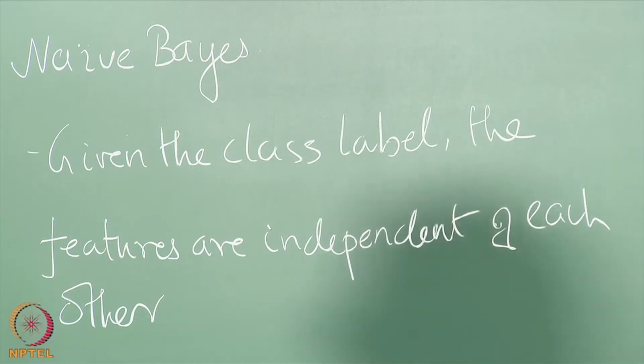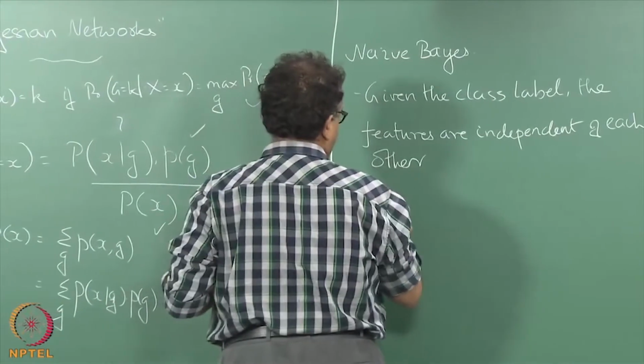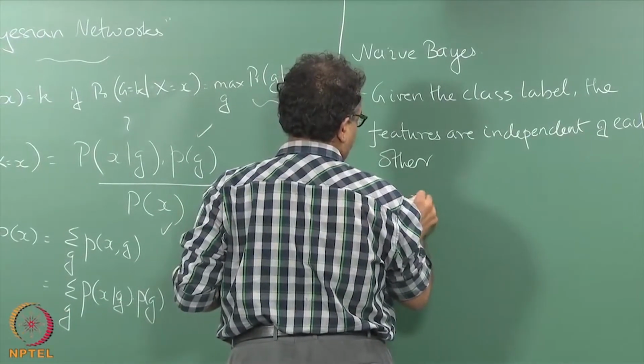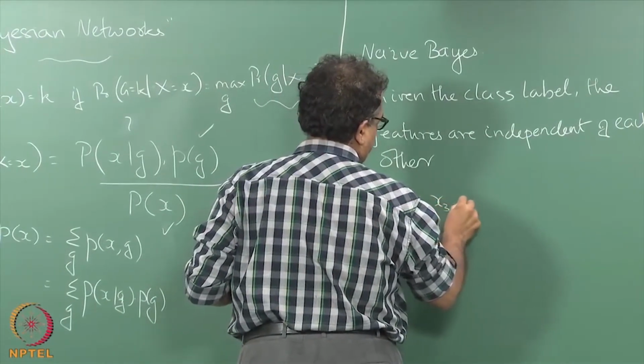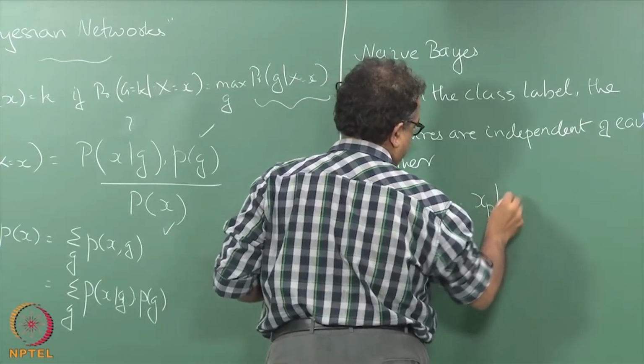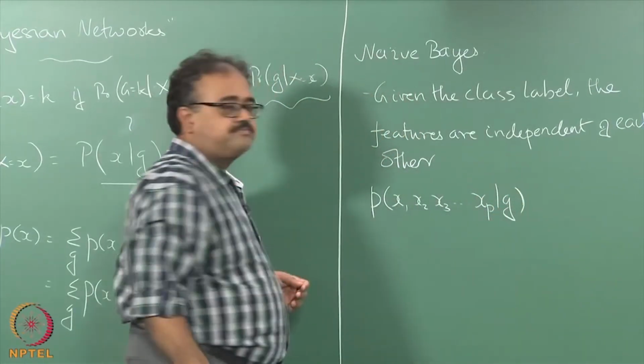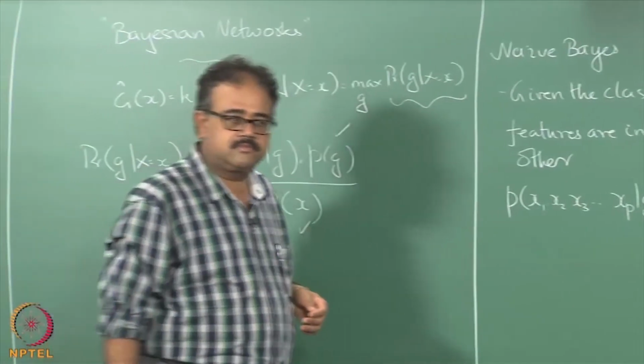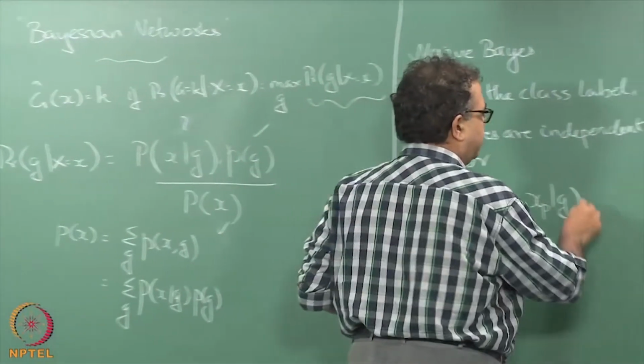So what does this tell us? It says that if I have probability of that, I can write this as a product.